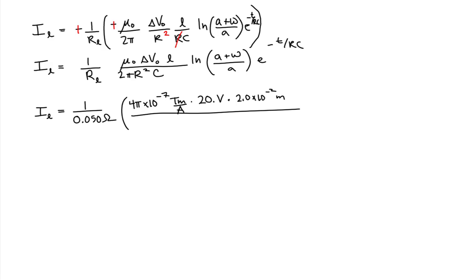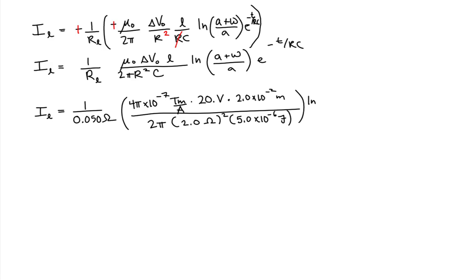This is divided by 2 pi times the resistance of the resistor in our RC circuit, which is 2.0 ohms. This quantity is squared, times the capacitance of our capacitor, which is 5.0 times 10 to the minus 6 farads.